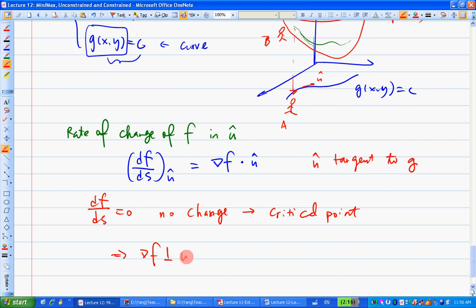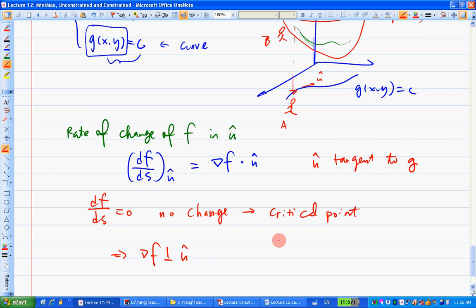So del f is perpendicular to u hat. Follow my logic here: every step is already proved, there's nothing new in here. So del f perpendicular to u hat is the condition that gives us a critical point. And u hat is tangent to g.